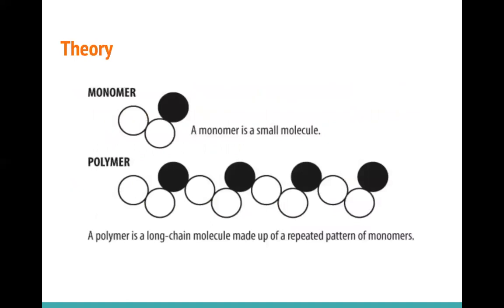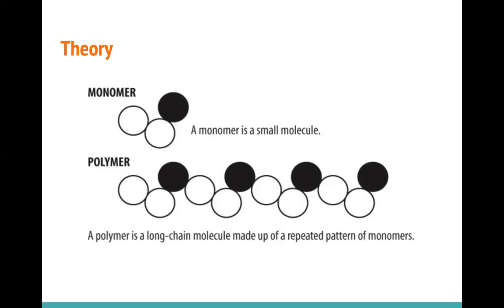So as we can see here on the picture, there is a monomer and a polymer. The monomer is a small molecule. Let's say this monomer contains two white circles and one black circle, while the polymer is a long chain molecule made up of repeated patterns of monomers.